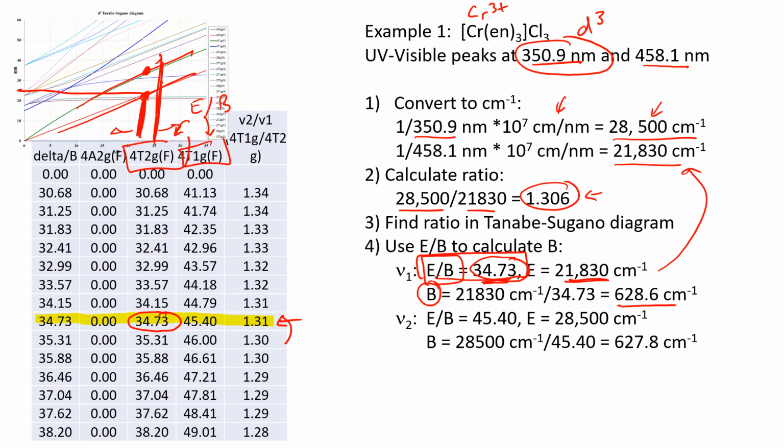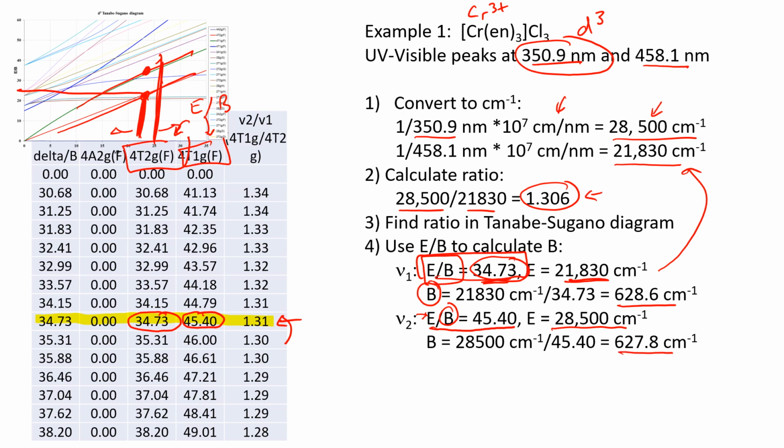That's our Racah parameter. We can do the same for the other transition, using 45.40. So in this case, E over B is 45.4. We know the energy is 28,500, again, from what we calculated in the first step. So B, just by rearranging that equation and solving for B, we get 28,500 over 45.4, which gives us basically the same number.